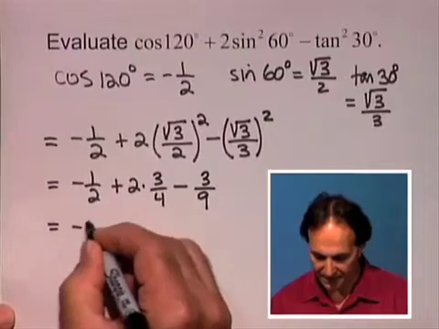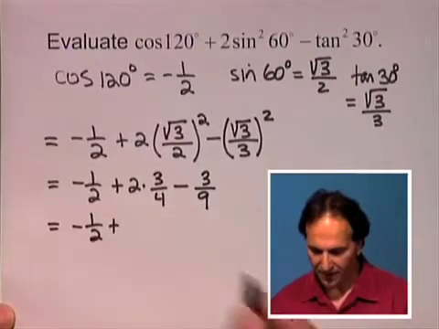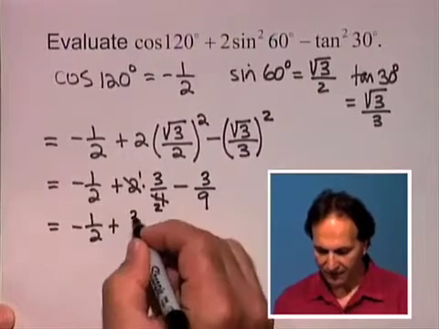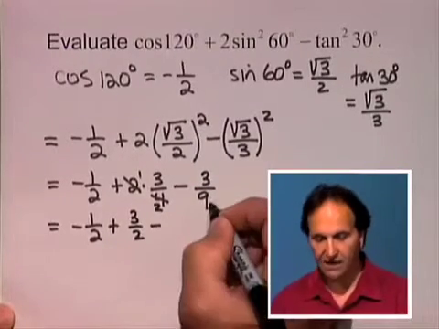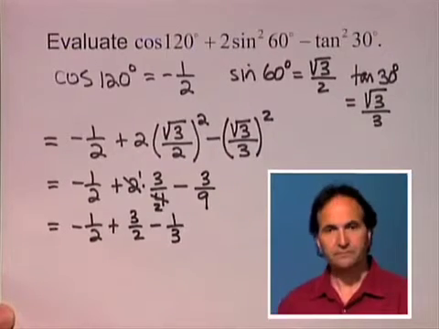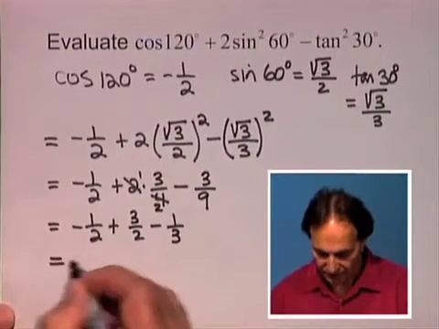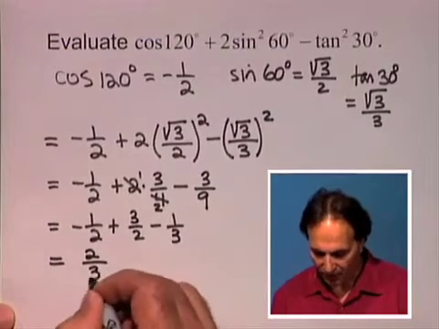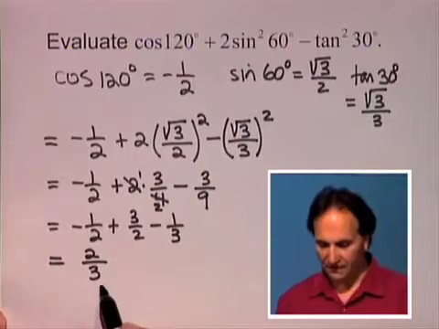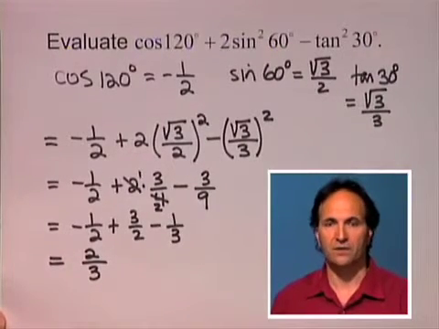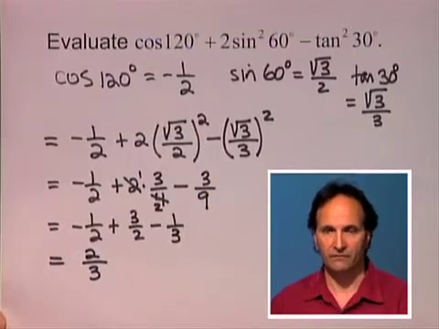Simplifying further, we have negative 1/2 plus, here we can cancel, and we have 3/2, and here we can simplify 3/9 to 1/3. When we subtract and add those numbers together, we have a total of 2/3. That's the value of the expression once we substitute in the known special angle function values.